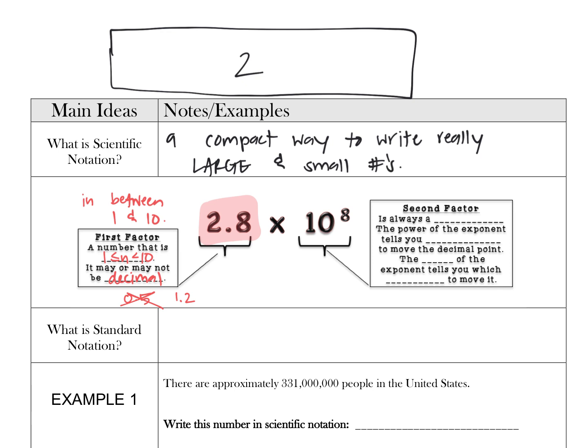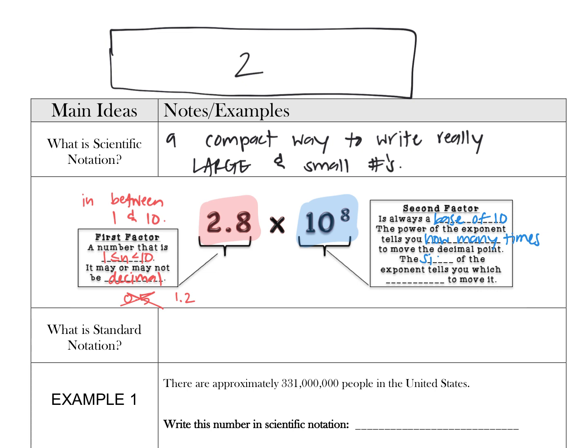Okay, that second factor is always going to have a base of 10. And then the power of the exponent tells you how many times to move the decimal point.